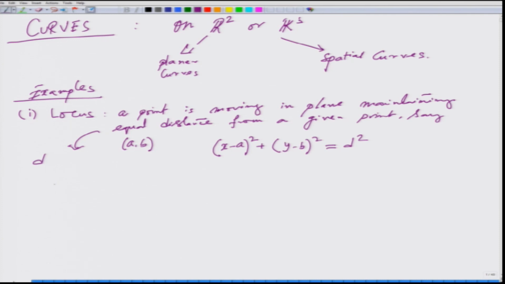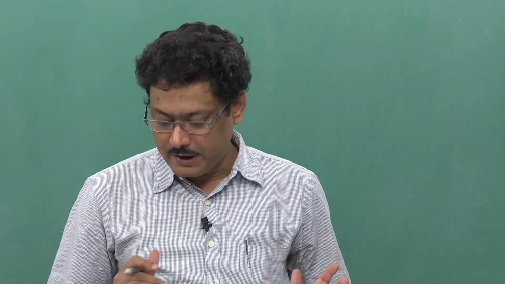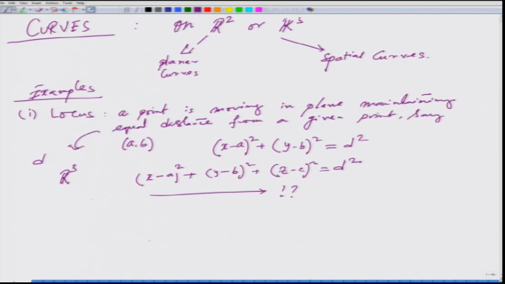Similarly, if you do it in R3, let us say a point maintaining equal distance from a point A, B, C, what will this be? Well, this will be a part of a sphere, which is obviously not a curve, but suppose I am moving.